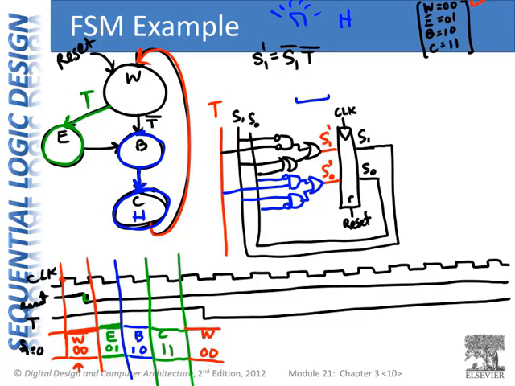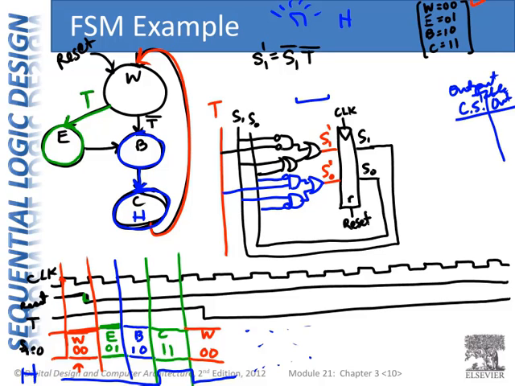And so we can actually plot our output here, our happy output. We can see that the happy output should only go high at this point when we're in the class state, and then it goes low, dot, dot, dot, for all of these. And so we can write what's called an output table. It has just the current state on the left and the outputs on the right.